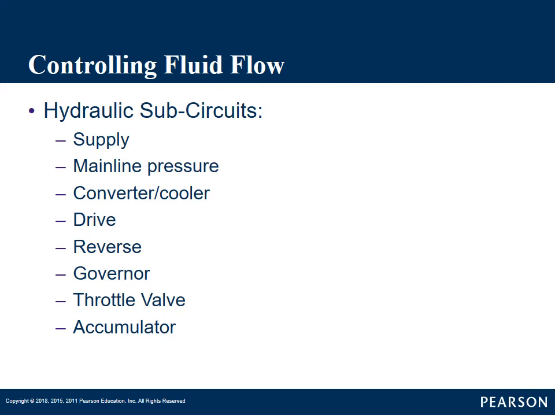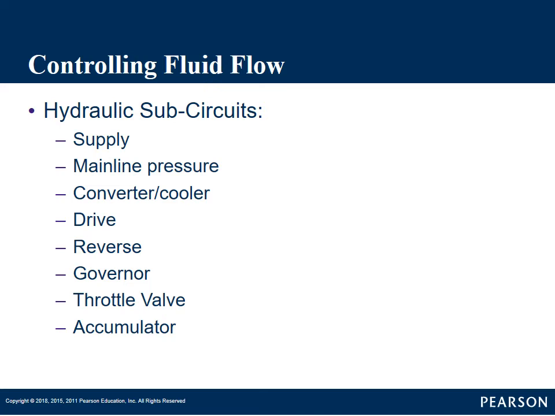Then we have our drive circuit, and this is what applies our forward clutch, and it supplies all our circuits for our forward gears. This is a lower pressure than our reverse pressure. Our reverse pressure could be our low reverse pressure too, because in manual low gear, it increases pressure also.